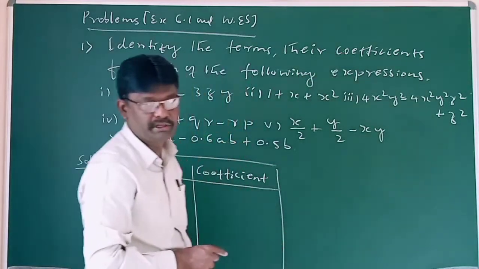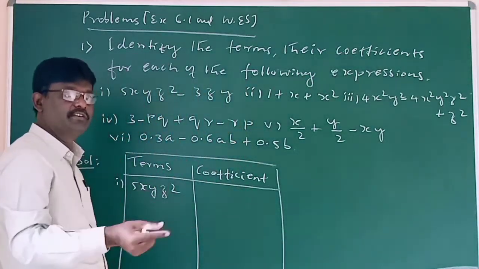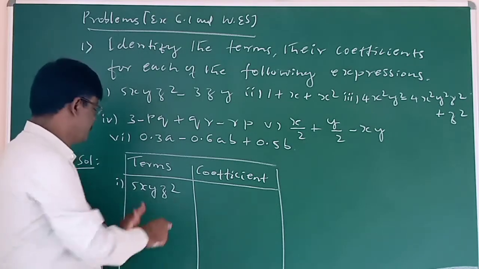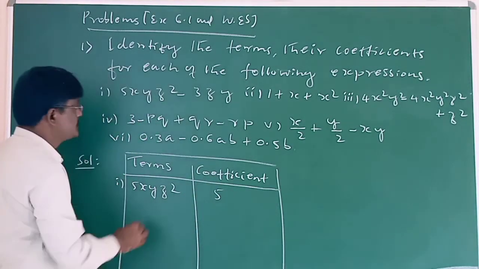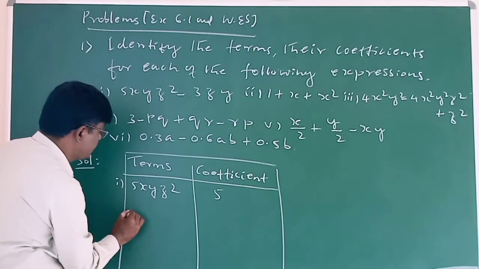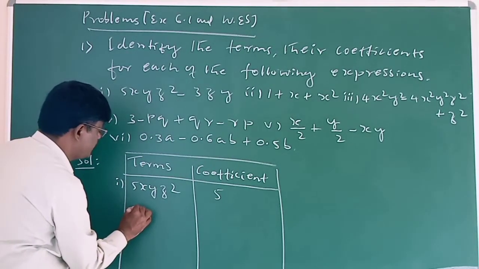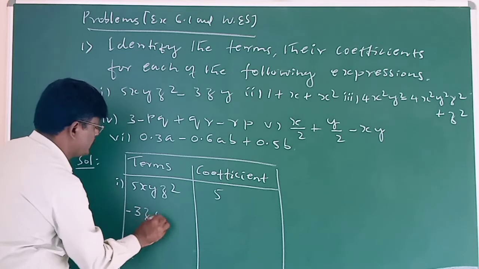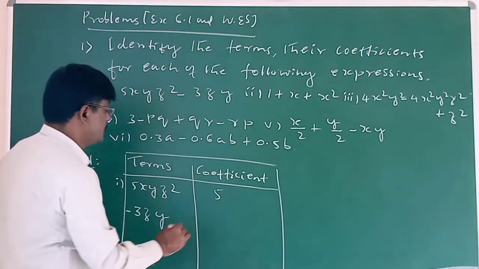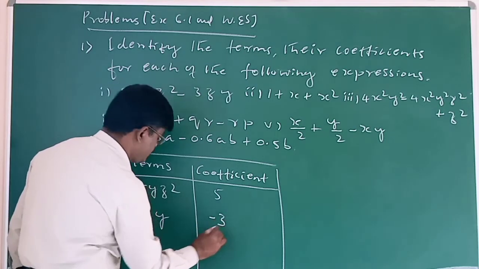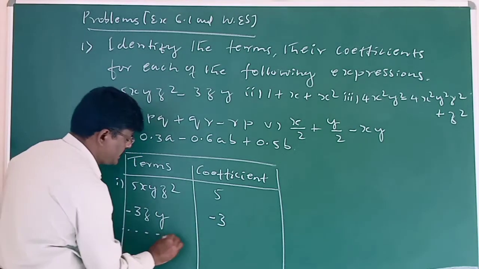Coefficient means the numerical coefficient; if not, it will be mentioned. So the coefficient is 5. Next, we take minus 3zy. This is another term. What is the coefficient here? Minus 3. Then just put a line.